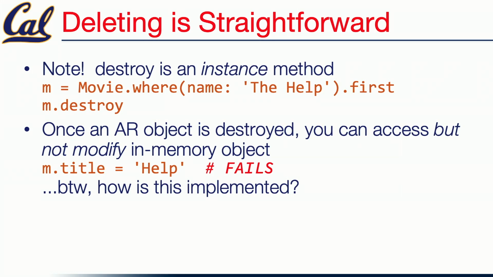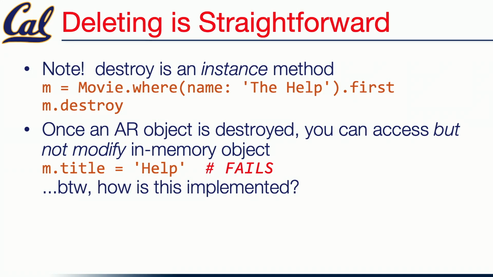But that means that if I destroy an instance of a particular course, what's supposed to happen to the students who are associated with it? Should those students also be deleted? Should they just be unlinked from that course in some other way? And so when you set up relationships like that in Rails, destroy not only destroys the object that you're calling it on, you can also have it take care of any of the associated dependencies, and you can tell it what's the right thing to do with those dependencies. So destroy is simple, but it's not that simple.